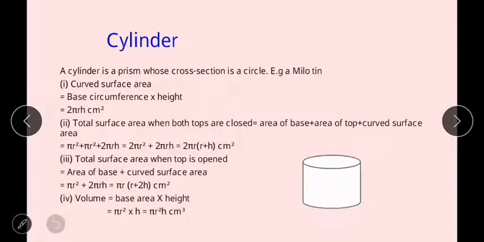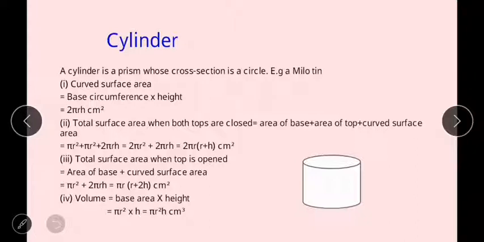But if we are citing an example using a tin of milk, like lunar milk, we cannot say specifically which part is the top and which part is the bottom. We choose to open a lunar milk on any side that we deem fit. But here, I want to specifically cite a melotin as our example for better understanding.